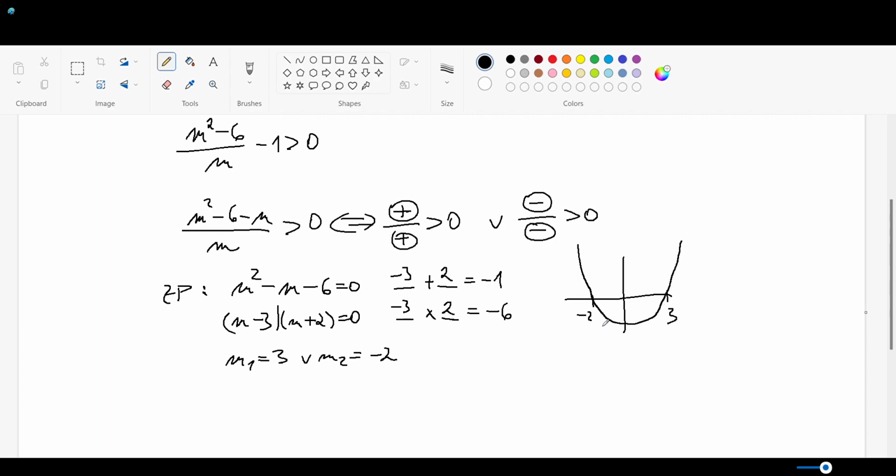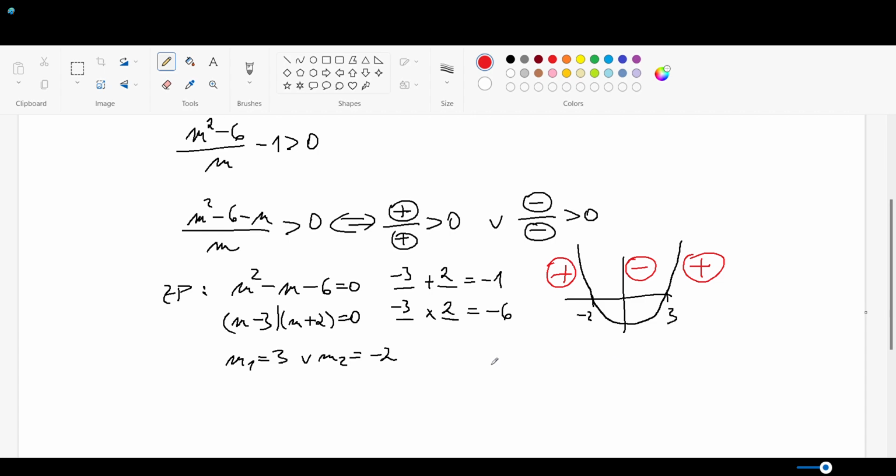It's not very important to know where it intercepts the y-axis, because we are looking for information where the values of the function are positive, which is here, and where the values are negative, which is here, and where they are positive again, here, because this part of the parabola is above the x-axis, and this part is under the x-axis, so there are negative values.